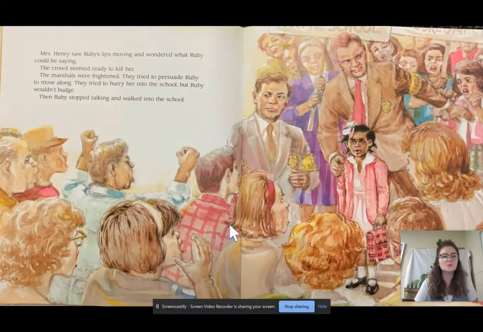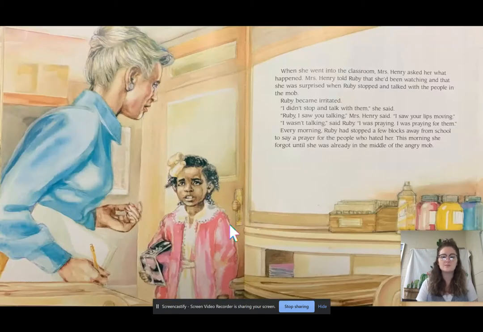Mrs. Henry saw Ruby's lips moving and wondered what Ruby could be saying. The crowd seemed ready to kill her. The marshals were frightened. They tried to persuade Ruby to move along. They tried to hurry her into the school, but Ruby wouldn't budge. Then Ruby stopped talking and walked into the school.